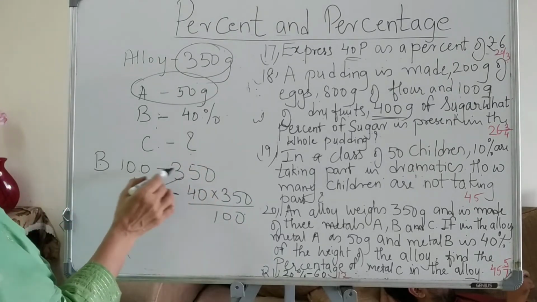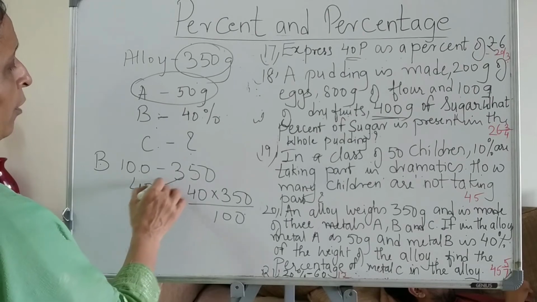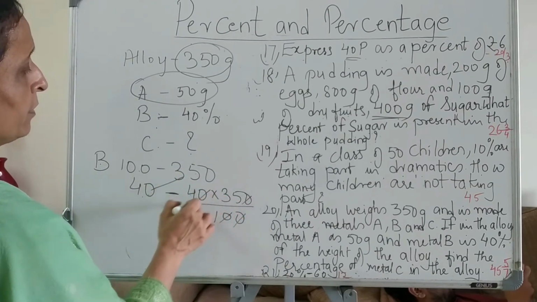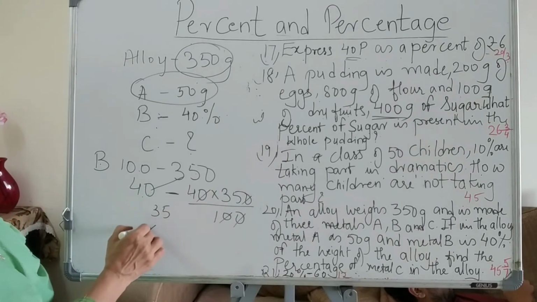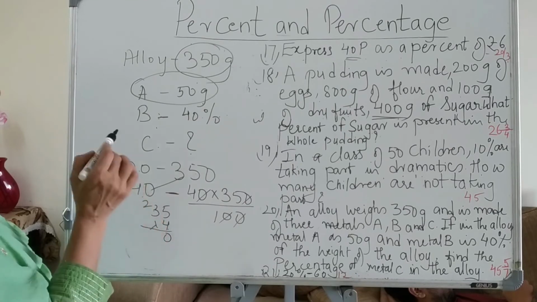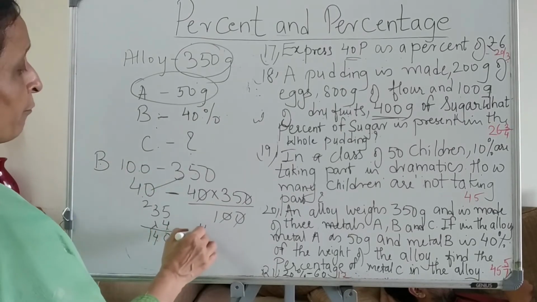Some zeros are cancelled. 35 into 4: 5 4s are 20, 2 carry, 4 3s are 12, 14. So it is 140 grams.